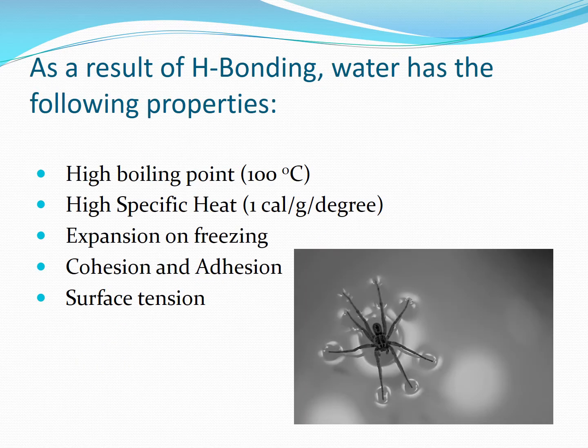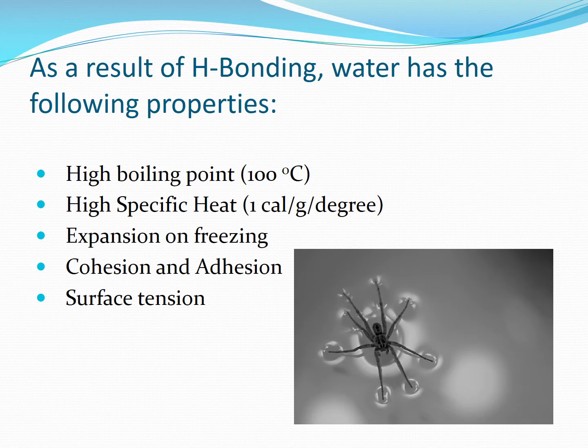As a result of hydrogen bonding, water has a really high boiling point and high specific heat. It expands when it freezes, and it has properties called cohesion and adhesion that we're going to talk about on the next slide. And there's a significant amount of surface tension.